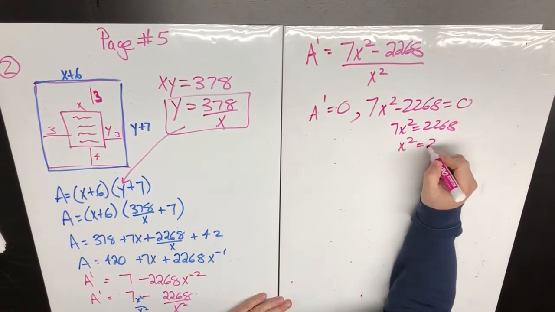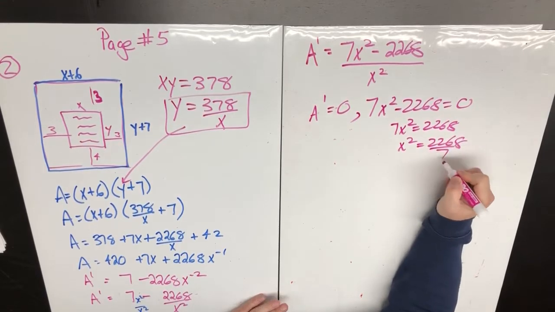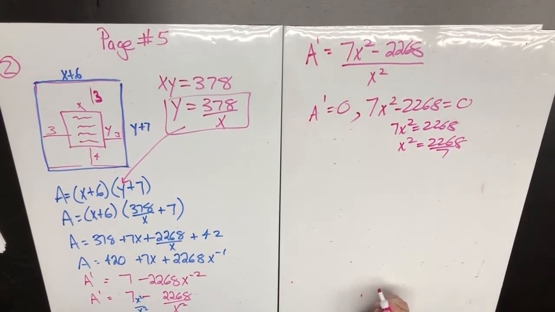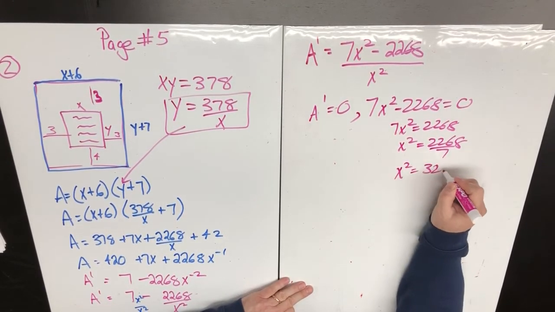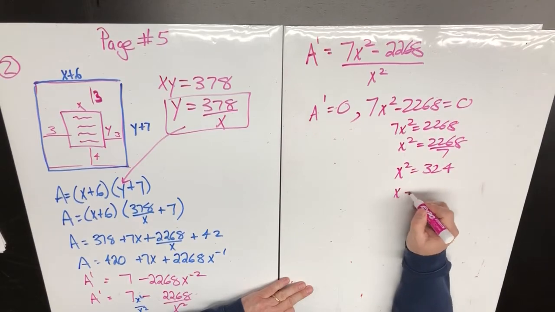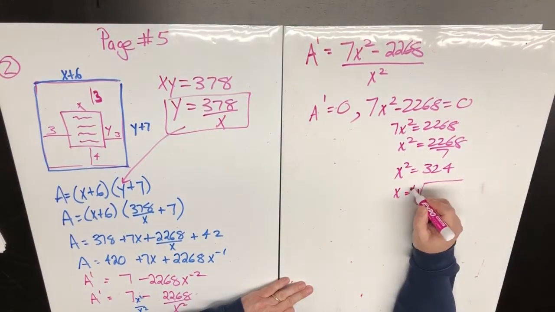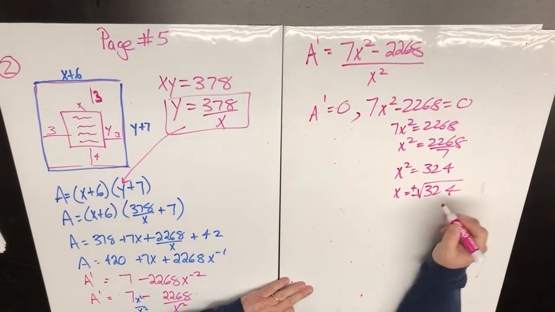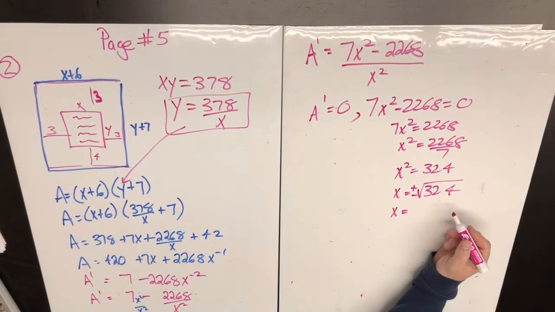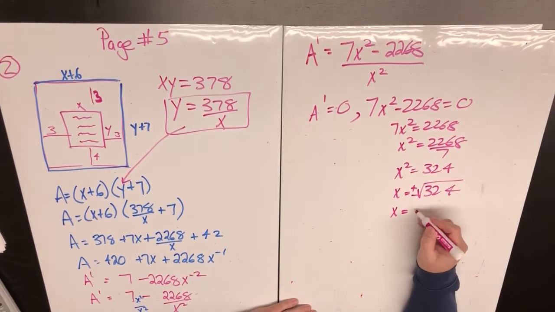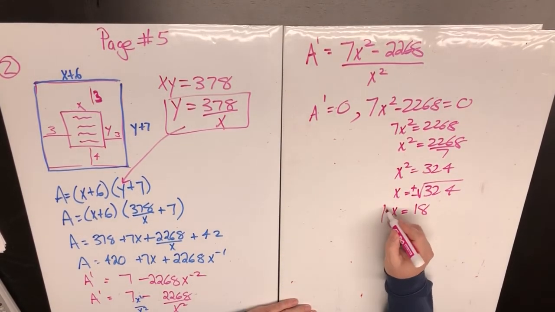x squared equals 2,268 divided by 7. So x squared equals 324. x is equal to the square root of 324. So x is equal to 18.